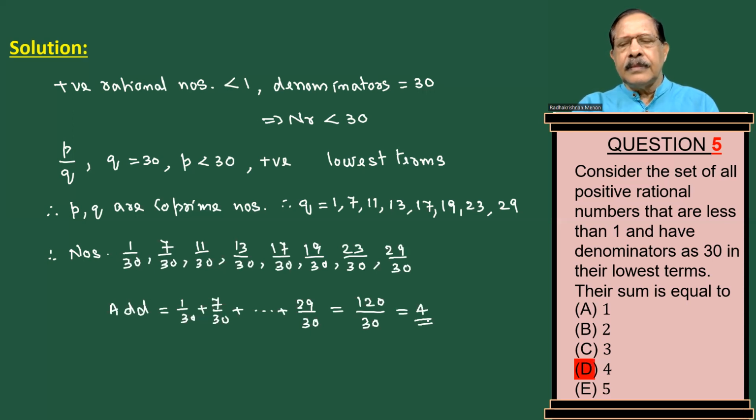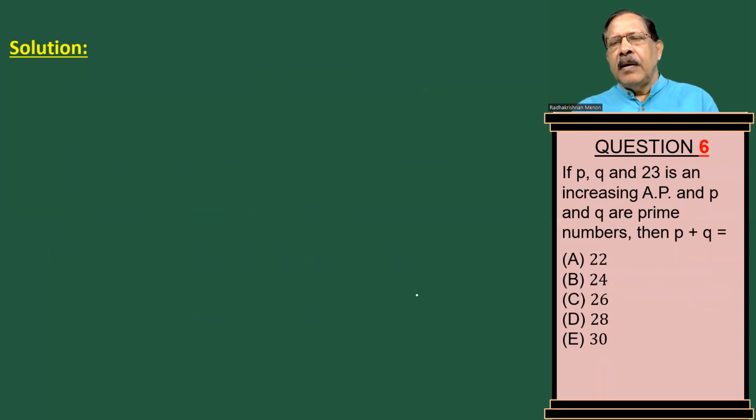Now let us go to the 6th question. Next question. p, q and 23 are in an increasing AP.